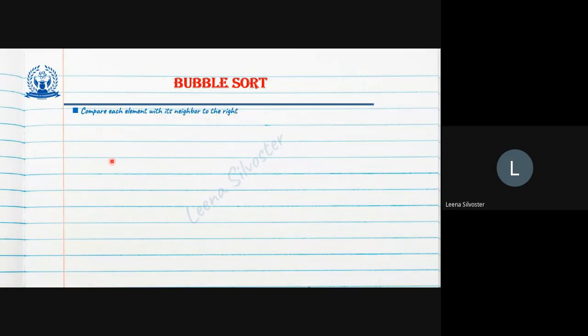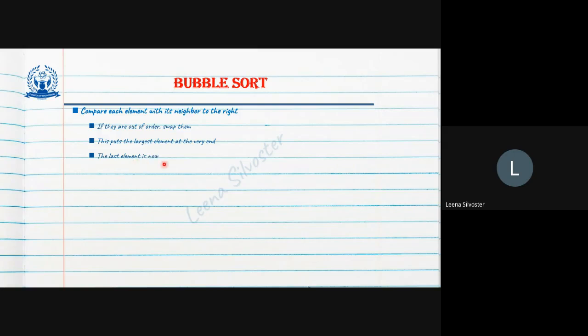So we compare the first element and the second element. Then in the next step, we compare the second element and the third element. If they are out of order, then we swap them. Otherwise, no need to swap. This puts the larger element at the very end.